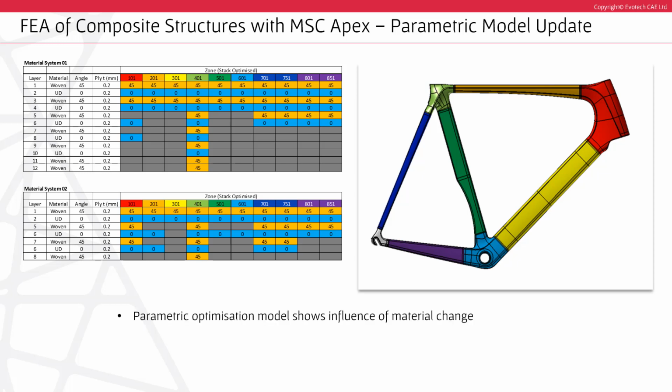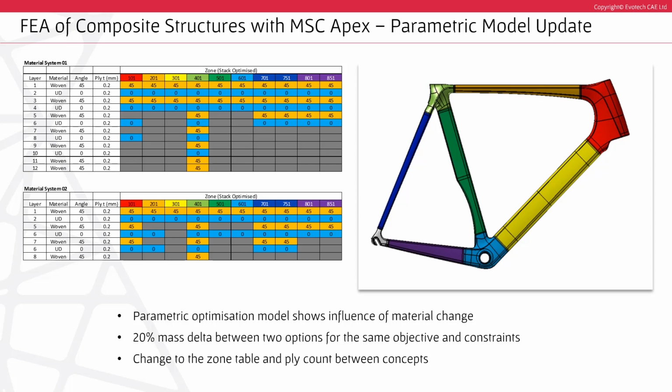So we can look at the parametric update, and by running through this, we've been able to demonstrate a 20% mass saving by going to a second material system using the same objective, a minimum mass, but respecting two different constraint systems.